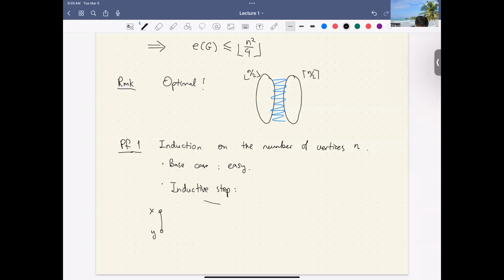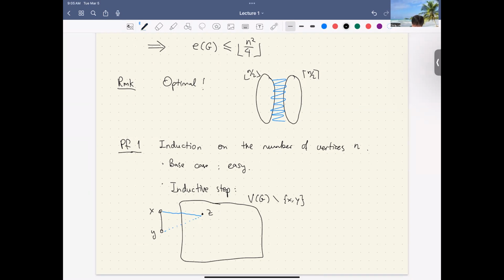Here is the rest of the vertices. This is V of G minus X and Y. Let's take a vertex, let's say Z. Can Z send edges to both X and Y? We cannot, right? If you're adjacent to X, you cannot be adjacent to Y, otherwise there's a triangle.